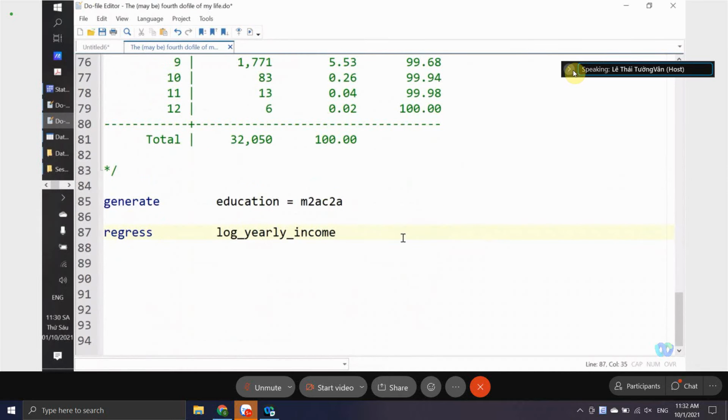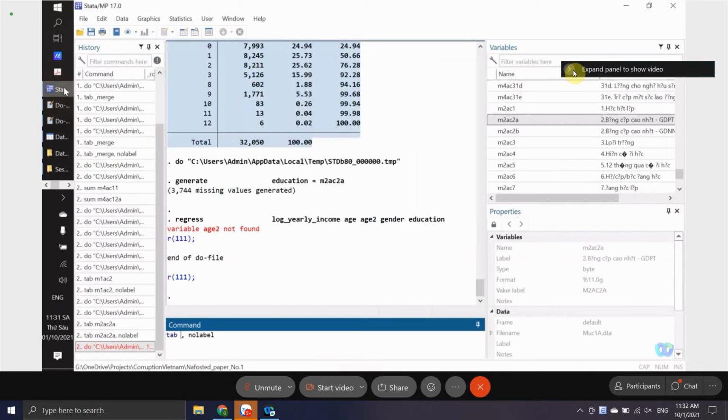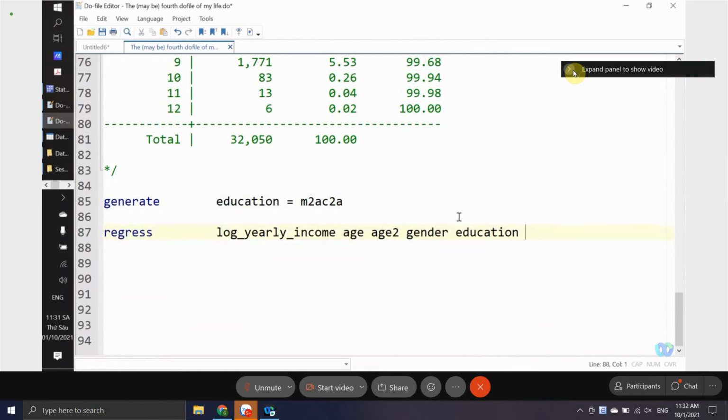So the log of yearly income is the dependent variable. Then you would have what else? Age square, gender, education. Okay, let's focus on this simple model first. Education. And run it. I have not run it yet.